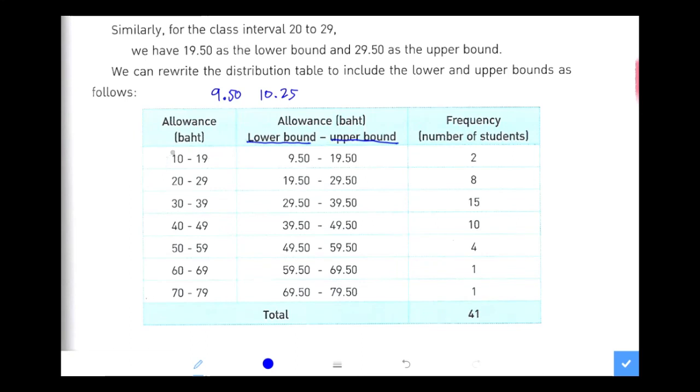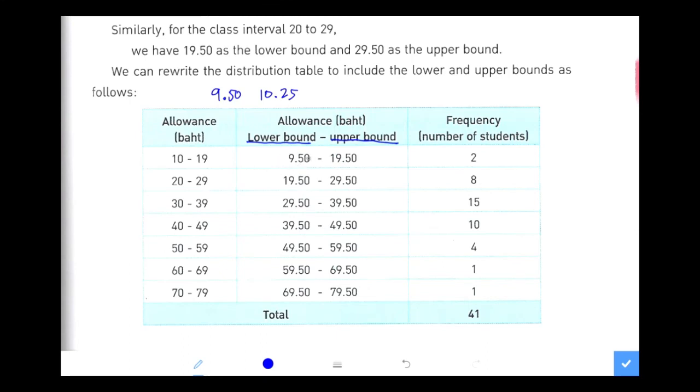From 10, you go 0.5 down. You have 9.5. 19, you go 0.5 up. You have 19.5. 20, you go 0.5 down and you get 19.5. 29, you go 0.5 up. You have 29.5. Very easy, right?